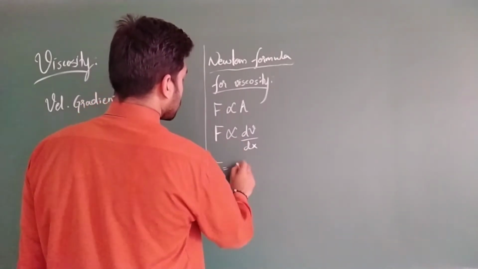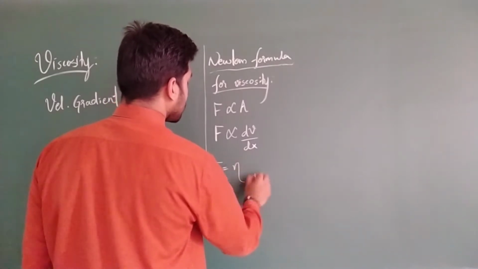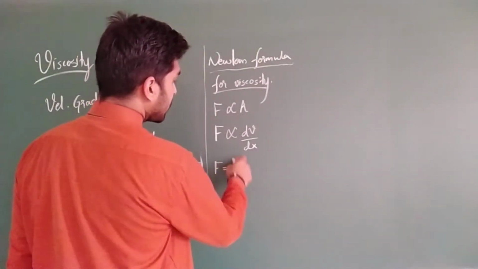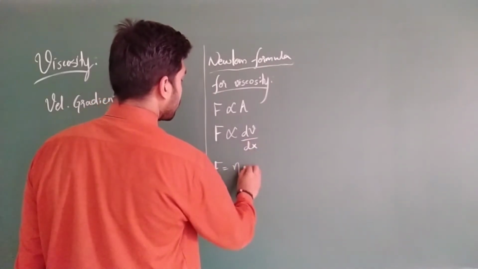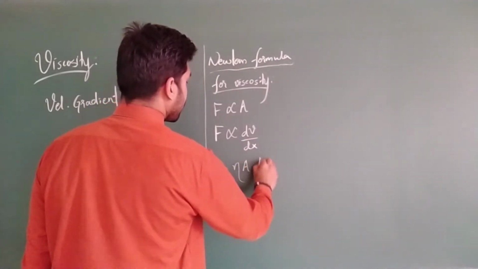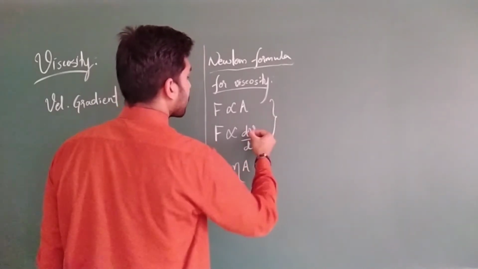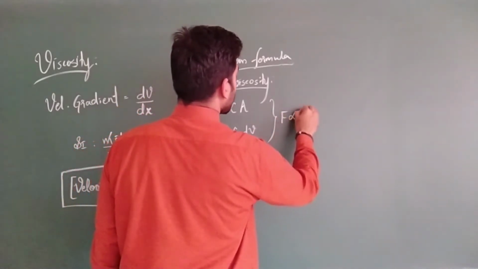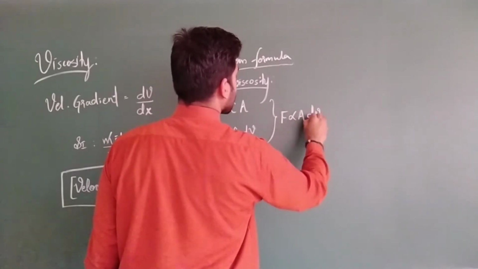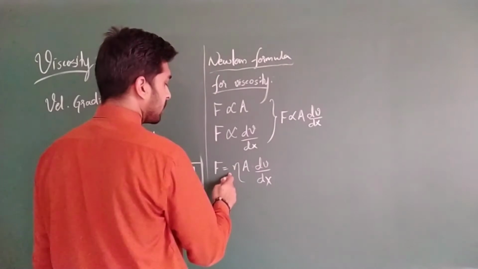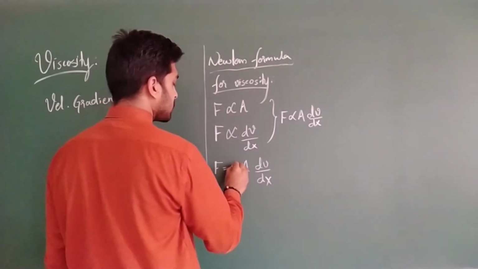If I remove this proportionality symbol, I will write F equal to some constant, which I will denote as eta. This letter is known as eta. Eta into A into dv by dx. So from these two relations, F is proportional to A into dv by dx, and removing the proportionality sign, I introduce a constant known as eta.